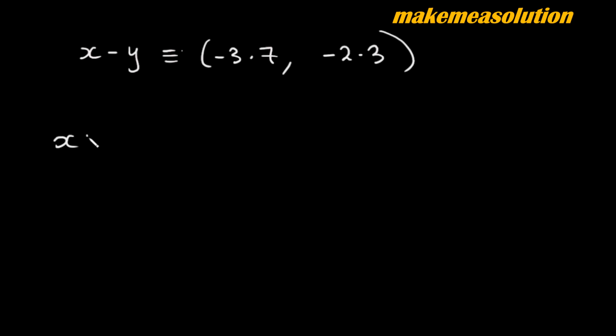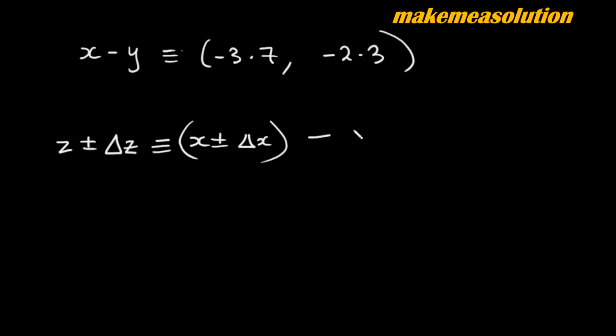So x, now we have is z plus or minus delta z, and we said this is equal to x plus or minus delta x minus y plus or minus delta y.